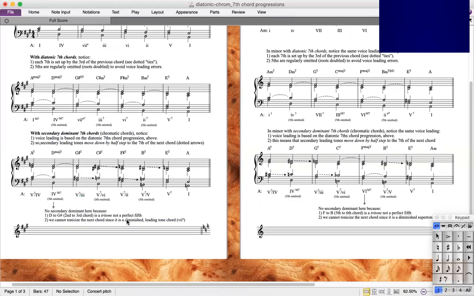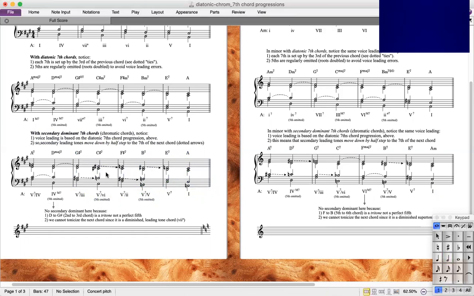We cannot tonicize that. So go over those rules again. Remember, we can't tonicize diminished triads, right? And so that one remains diatonic. All the rest of these, though, these 3 measures, the last 3, all are just a chain of secondary dominants, right? Until we get to the true dominant chord here at the last measure.